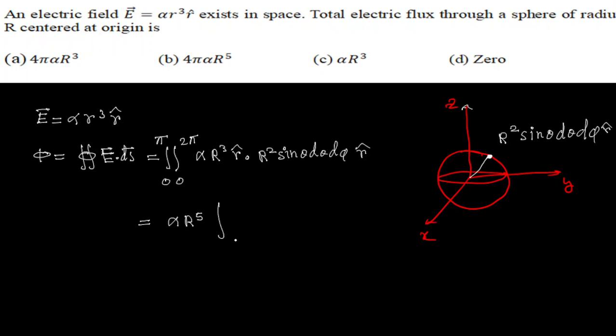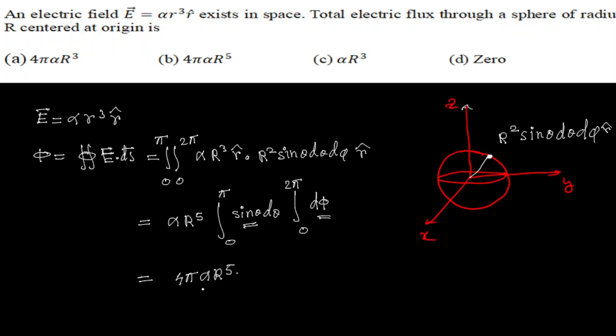And then we have to take the integration of sine theta d theta over the limit 0 to pi, and also the integration of d phi over the limit 0 to 2 pi. So what will be the value of this integration? The first integration will give you 2, and the second will give you 2 pi. So ultimately we'll get 4 pi alpha R to the power 5.